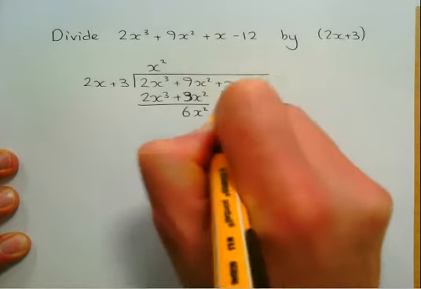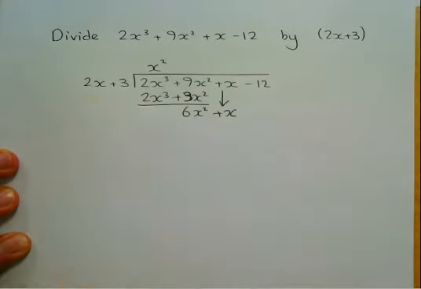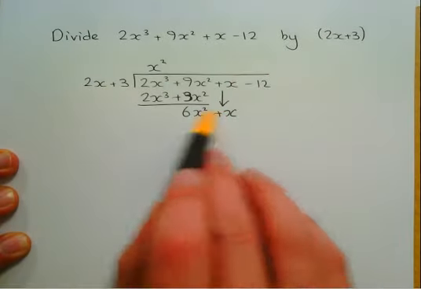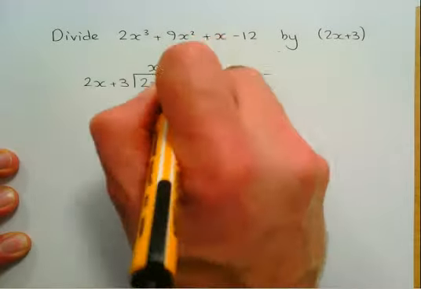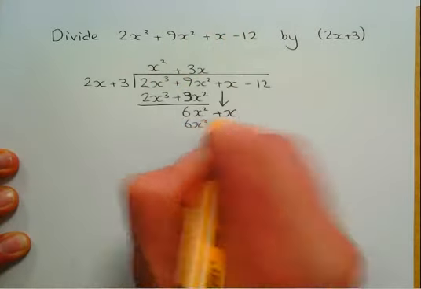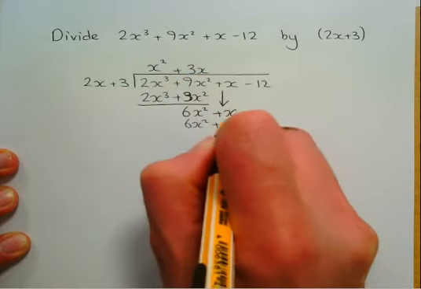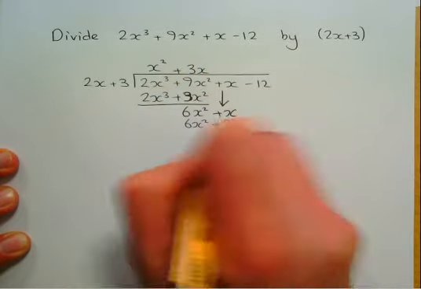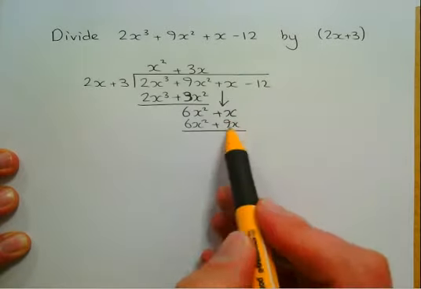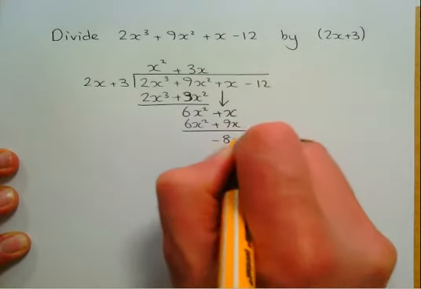Haven't finished, bring the x down and repeat. So 2x plus 3 times what is going to raise up to this power? Definitely a 3x, giving us 6x squared and 3 lots of 3x, which is 9x. Now, we haven't seen this before, but x take away 9x would be a minus 8x.